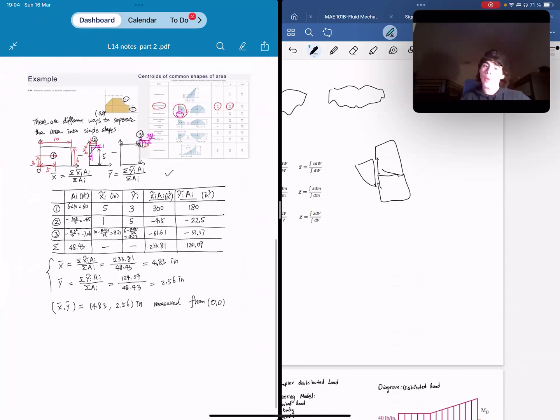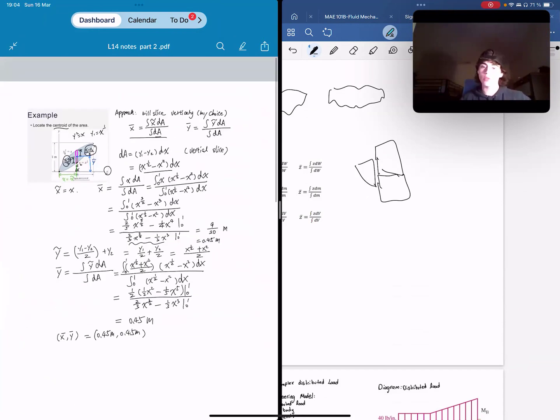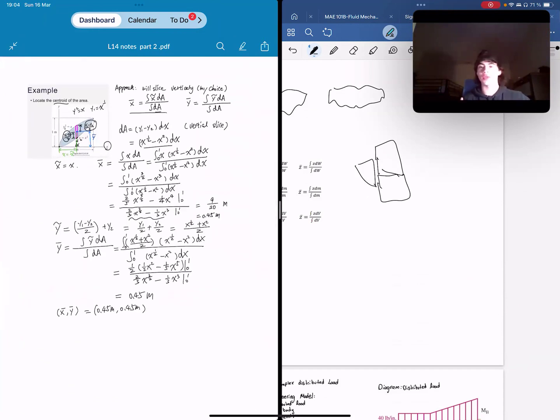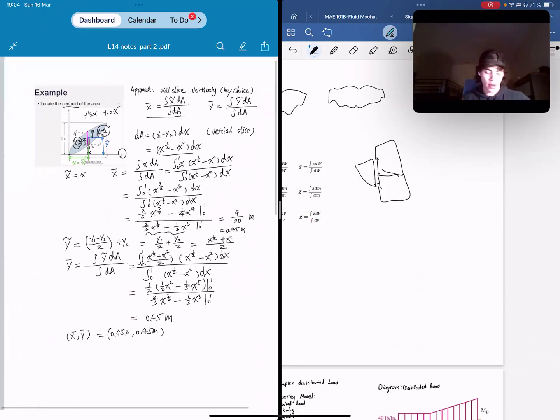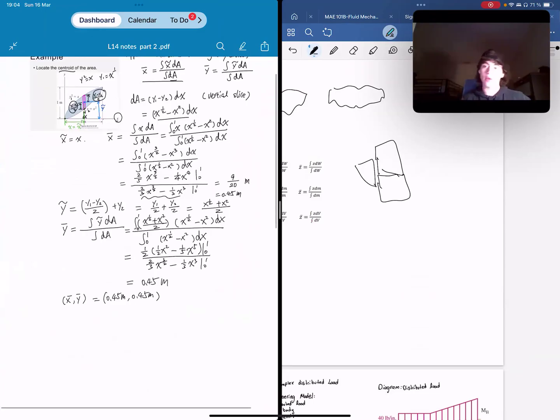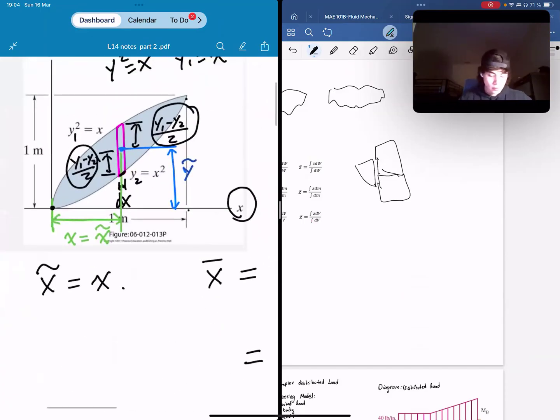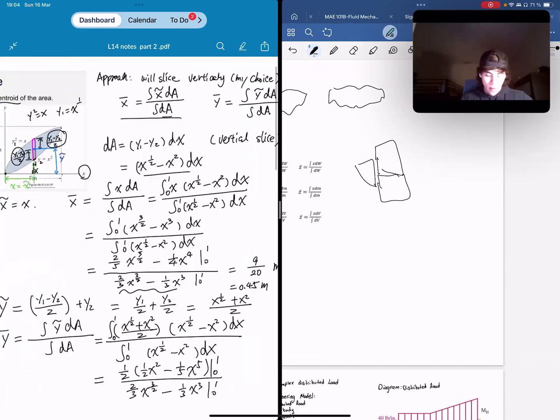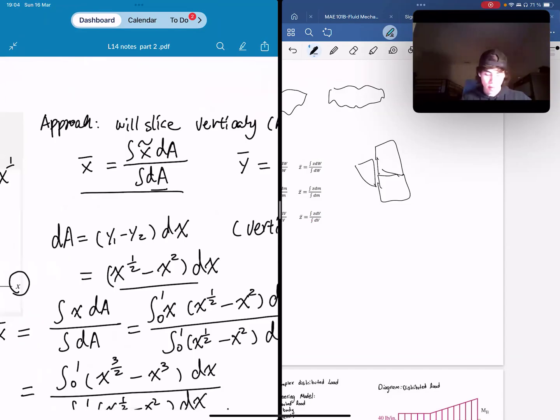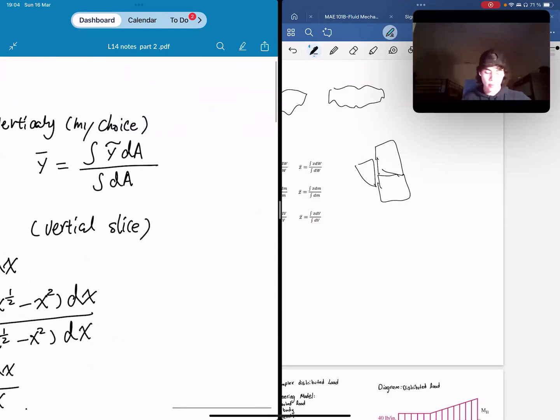That's one way, by multiplication and summation, but I could also do it the calculus way, that is by direct integration. I will have to identify if I have a curve and another curve that overlap and describe a shape, like in this case. I will have to find the x bar and y bar by integration of x dA over dA, and y dA over dA for y bar, right?